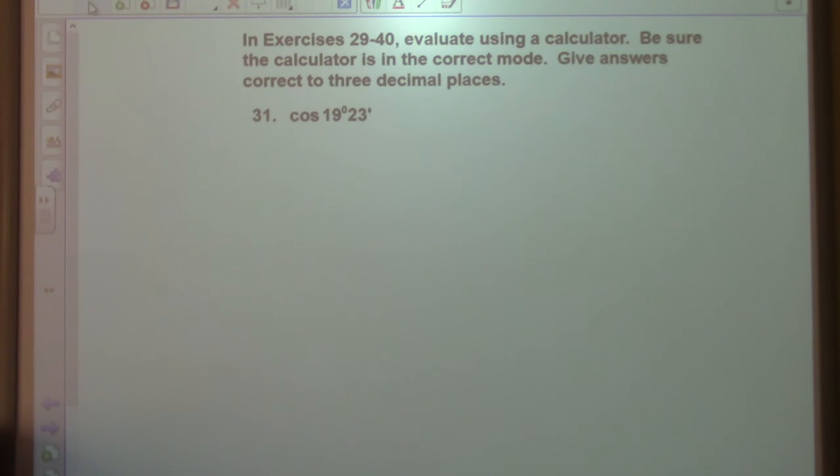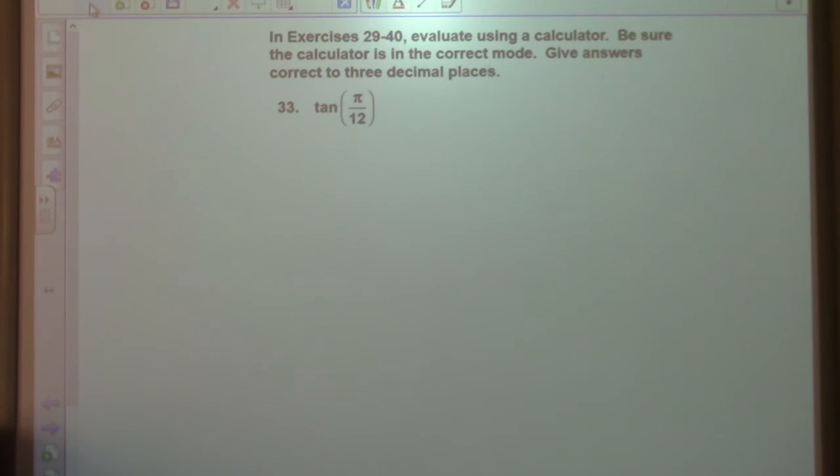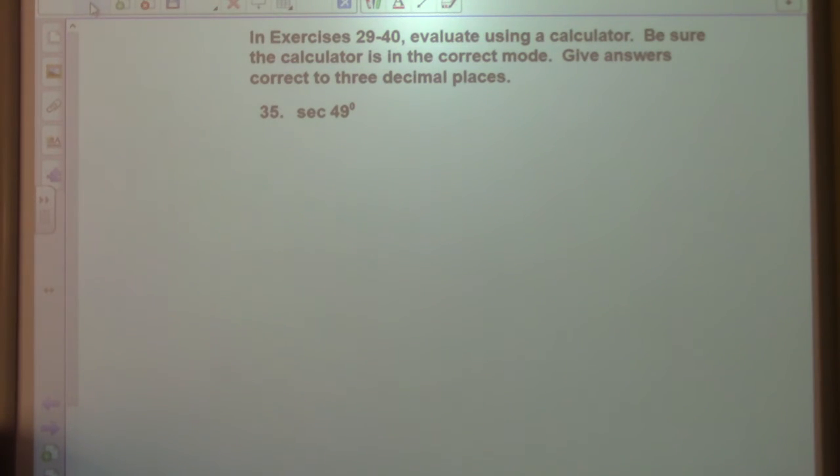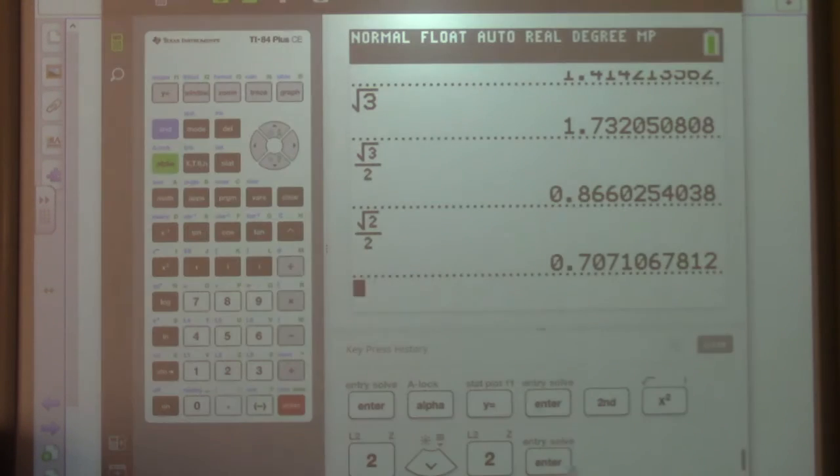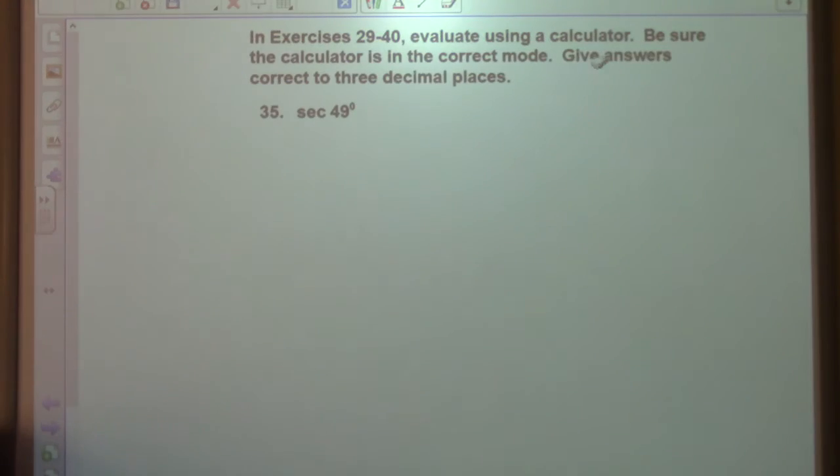I want to show you one where you don't have a button. Do you just literally plug it in, Mr. G, and get the answer? For like 29, like secant 49 degrees, for example. Make sure we're in degrees. So secant of that is going to be equal to 1 over cosine 49 degrees, right?